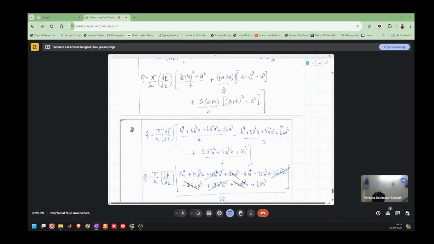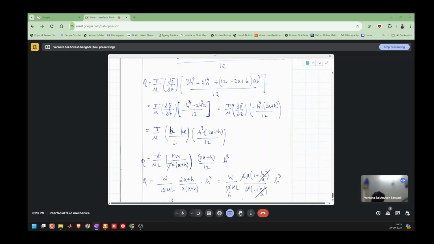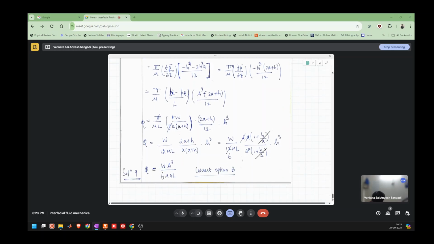Upon doing the exercise, we find the volume flow rate Q equal to W by 12 mu L into A plus 2A plus H divided by A into A plus H into H cube.